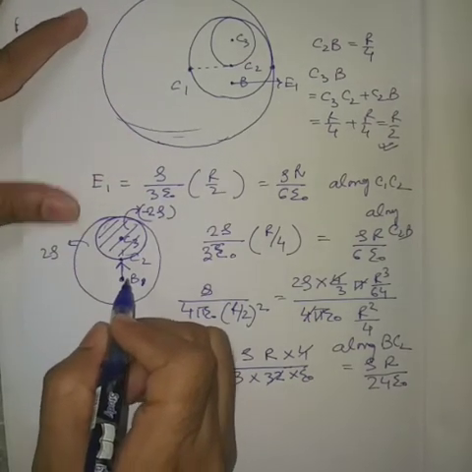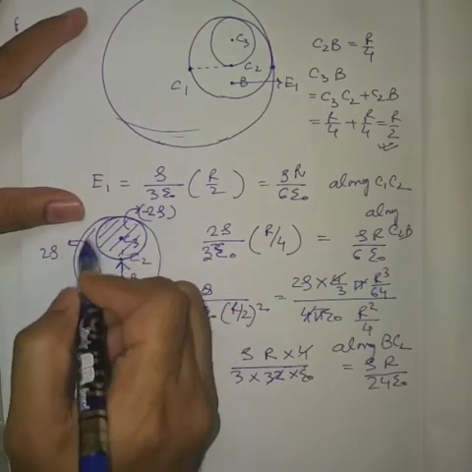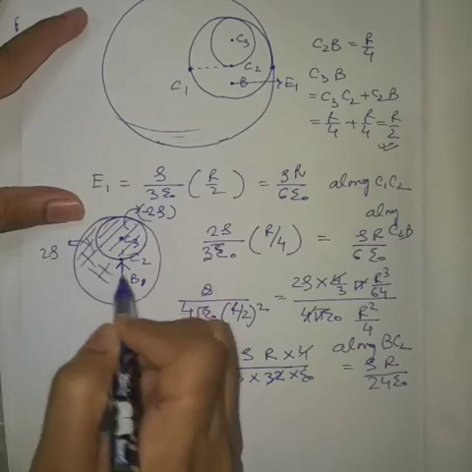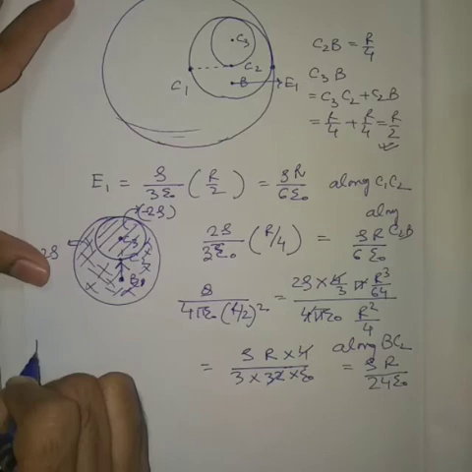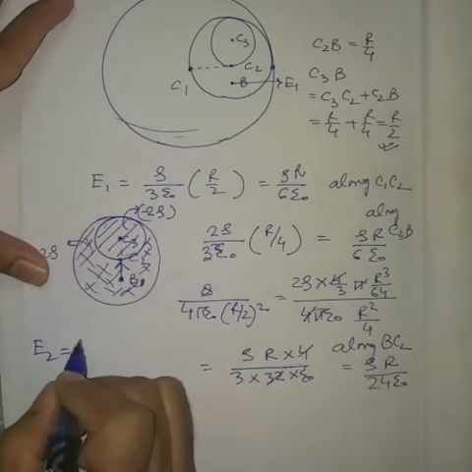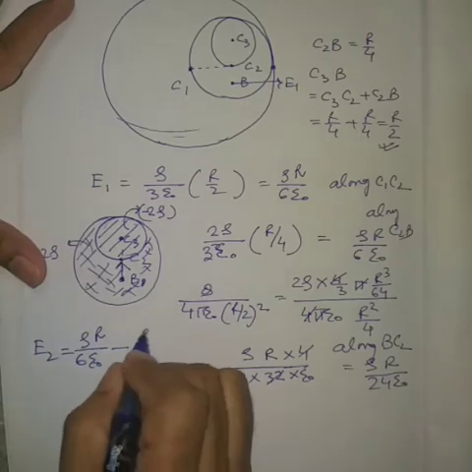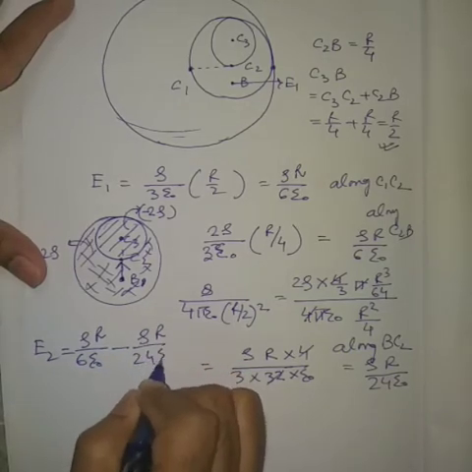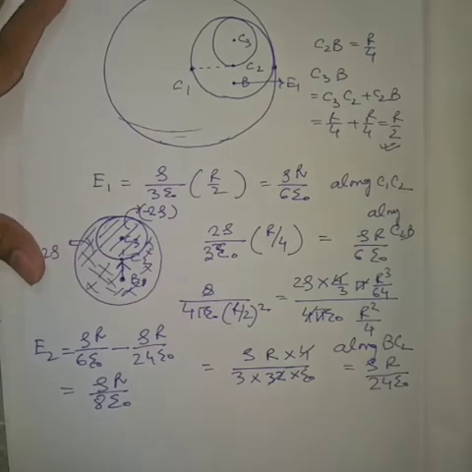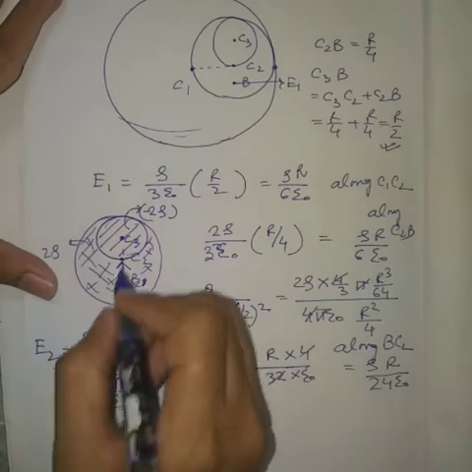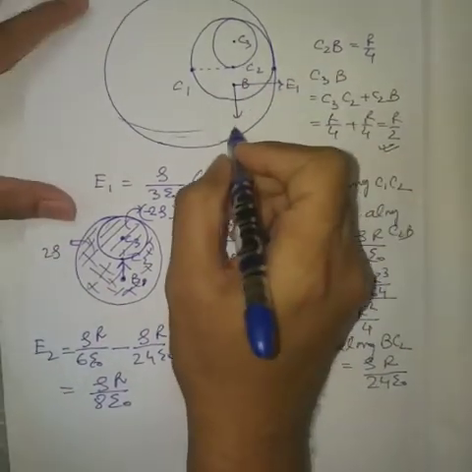Therefore, the field due to the sphere S2, which has volume charge density 2 rho in this region only, is E2 equal to rho R by 6 epsilon naught minus rho R by 24 epsilon naught, that is rho R by 8 epsilon naught, and this will be along C2B. So this field E2 is along this direction.